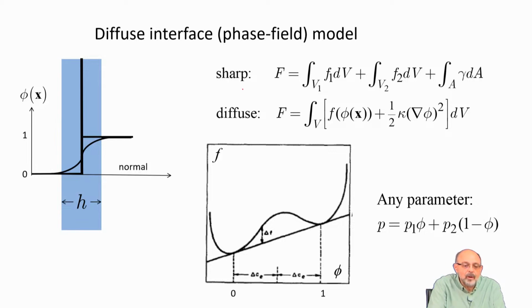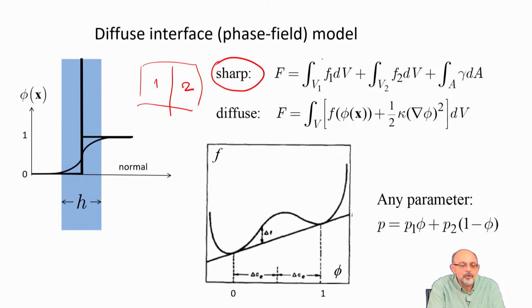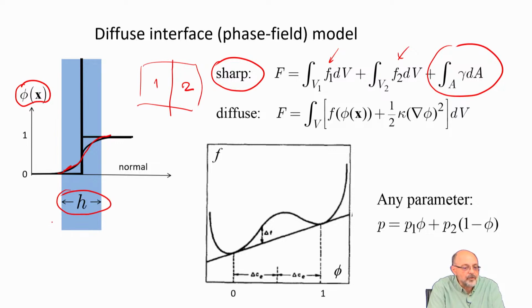Here's the simple trick. If I have two domains, 1 and 2, for a sharp interface model my energy is the energy density in 1 and the energy density in 2, integrated over the 2 volumes, plus the interface energy. Instead of making this sharp mathematical line, I say there is a phase variable phi, which gradually transitions from 0 to 1 within a certain interface thickness, h.